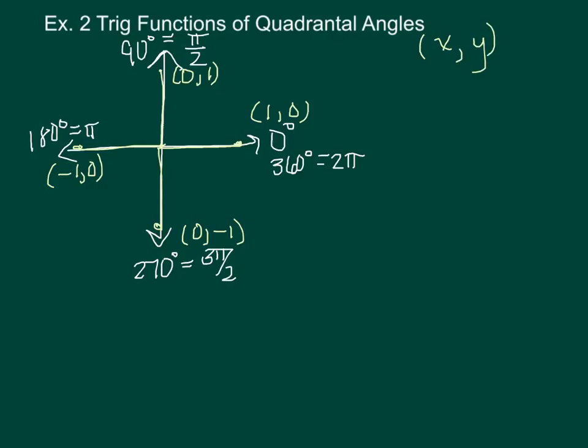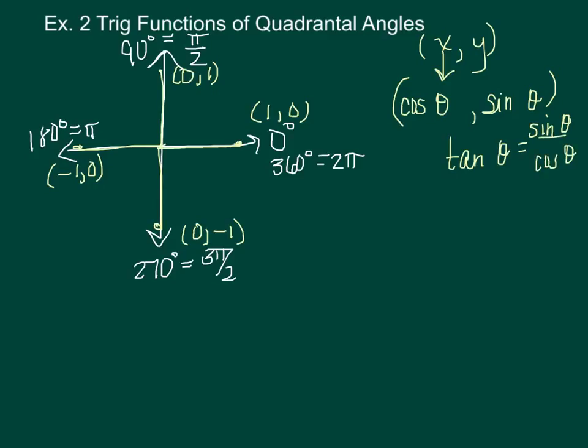And if you remember what we did before, when we have to find our 6 trig functions, the x is cosine theta, and the y is sine theta. And if you remember, to get tangent, you would divide sine over cosine, which is the same thing as y over x.